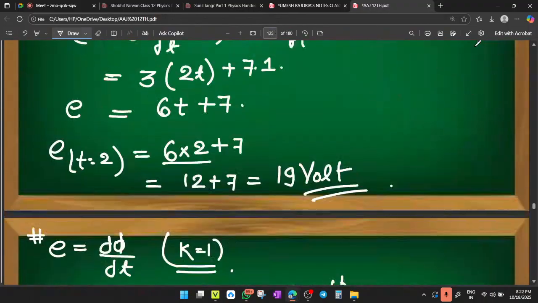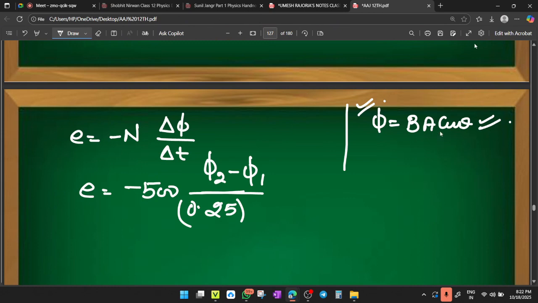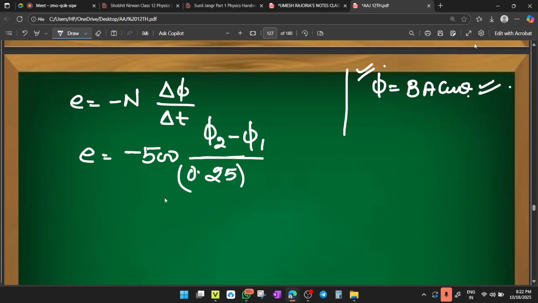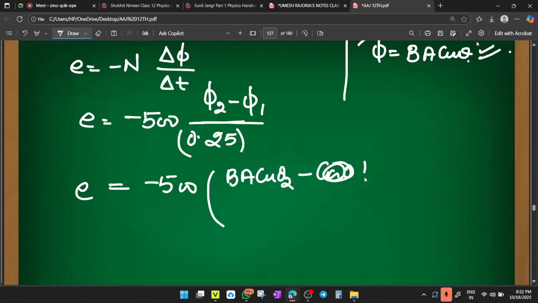So B is constant throughout the process, A is constant. Only theta is varying. So for the two cases, for minus 500, you can write here BA cos theta 2 minus BA cos theta 1.